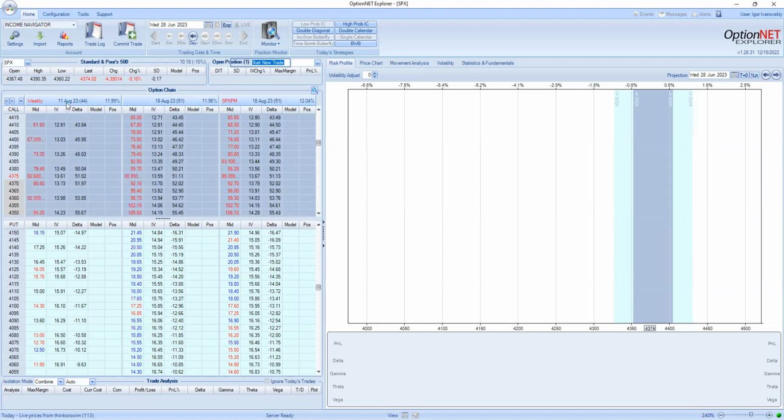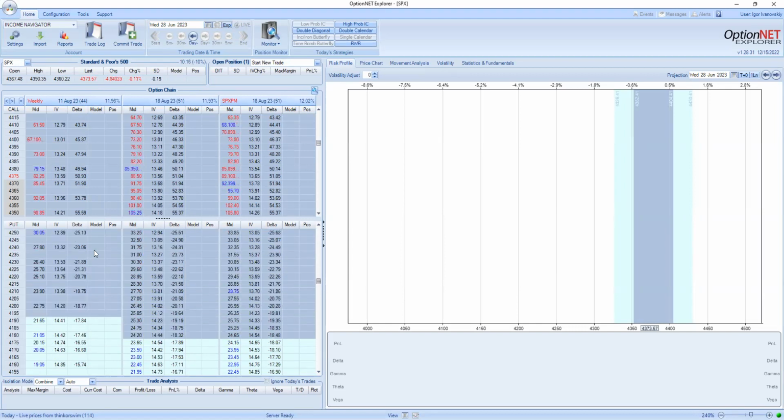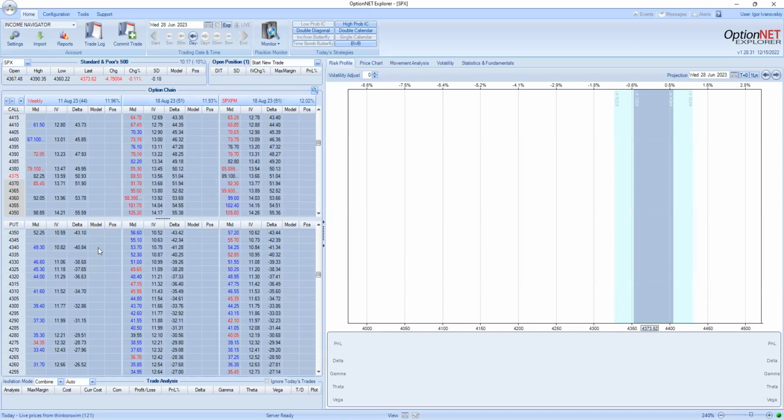44 DTE is August 11th expiration. And the way I set up my 112s, I look for a 50-point wide put debit spread, and I look for a put debit spread that is 50 points wide and is for a debit of around $10.